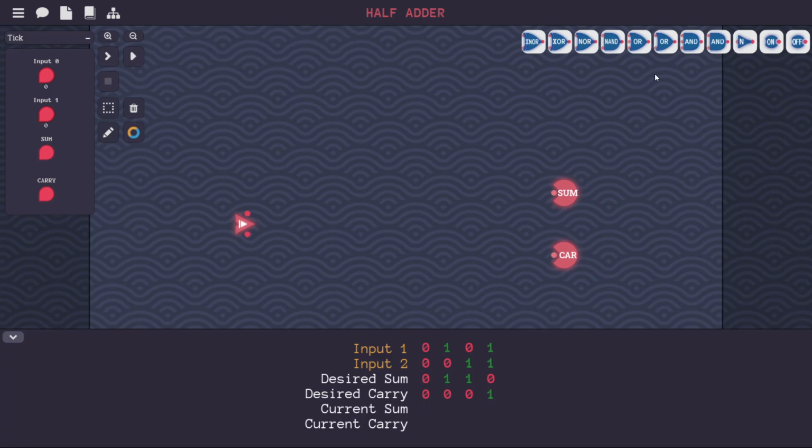So let's start with an OR gate to add this. So 0 plus 0 gives us 0. And 1 plus 0, which is this, gives us 1.